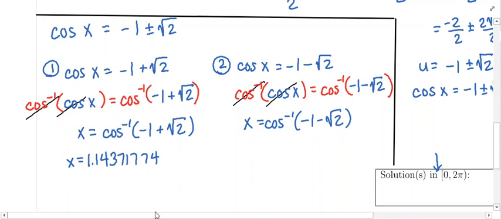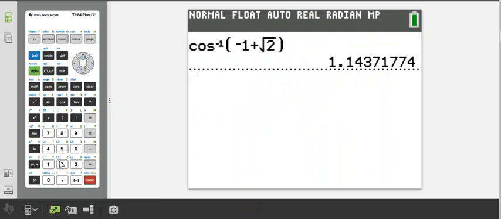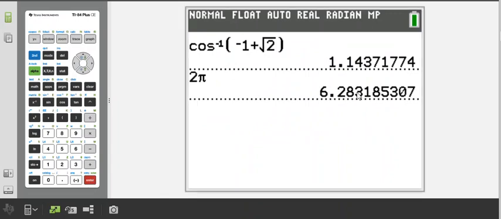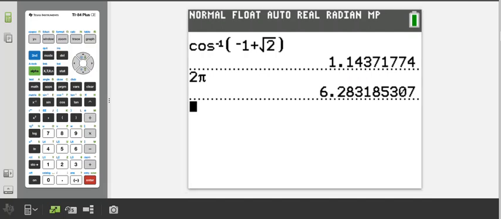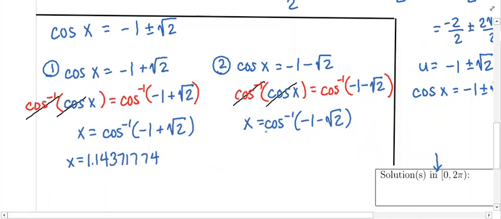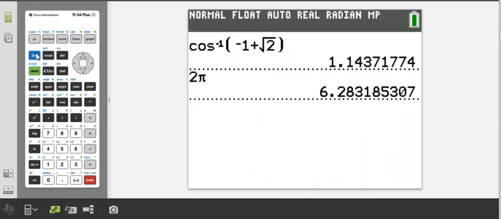Well, remember 2 pi, what's the decimal expansion? It's 6.28. So this number 1.14 blah blah blah, it is between 0 and 2 pi radians. So that's good. And then now we need to solve for the other x value here. So we've got to do the cosine inverse of negative 1 minus the square root of 2.